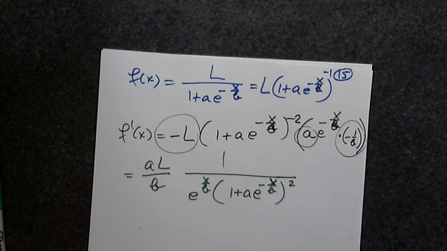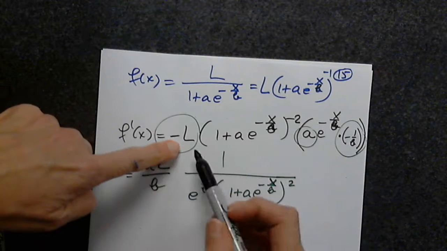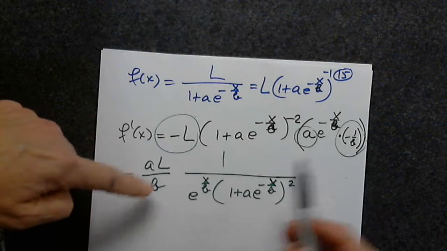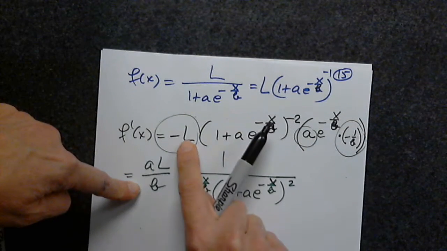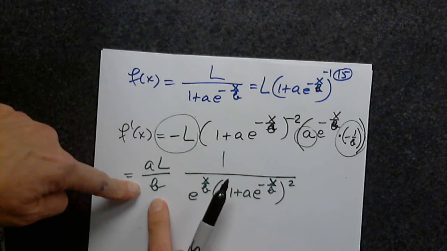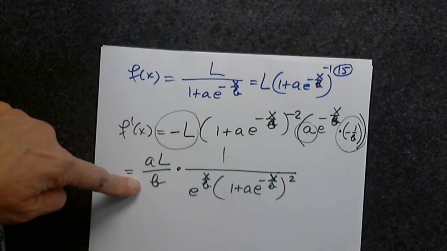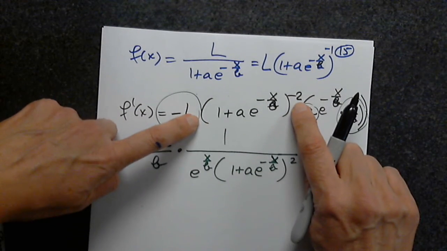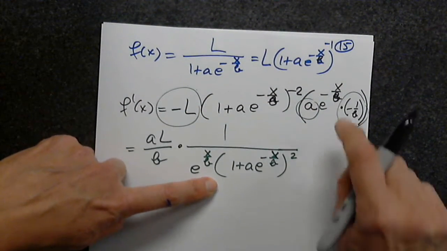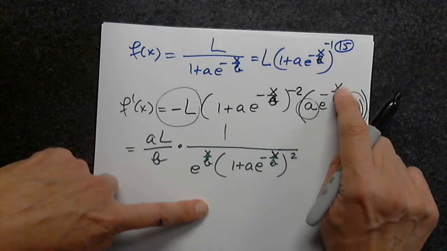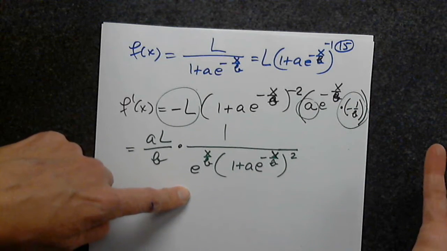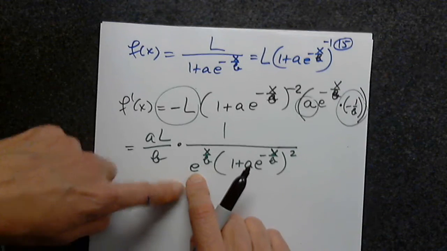So then -L with a and the -1 over b go in front. A is at the top, L is at the top, but b is in the denominator. So this is a multiplication product, right? Now this has power -2, it will go to the denominator. This has e to -x over b, has power -x over b, so it goes to the denominator.